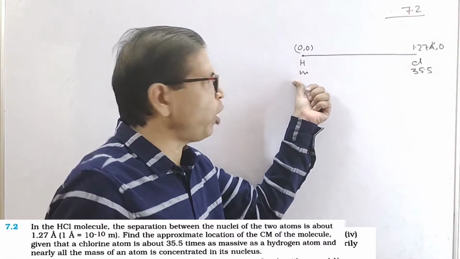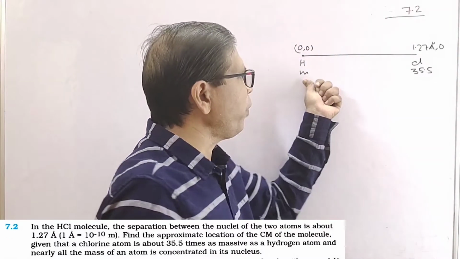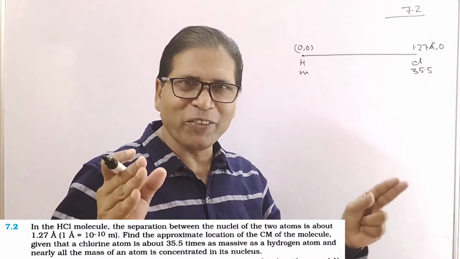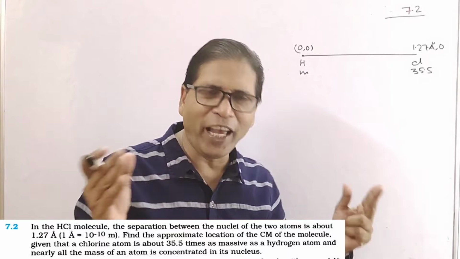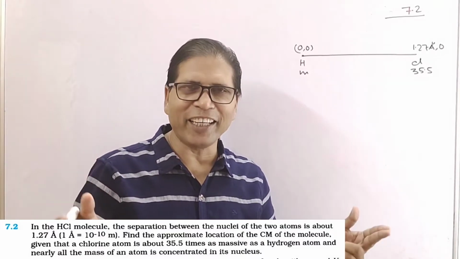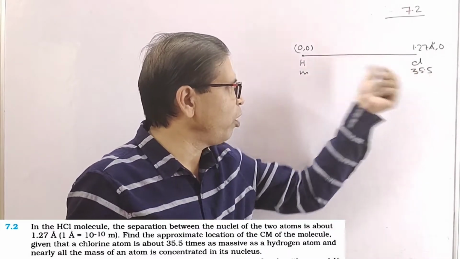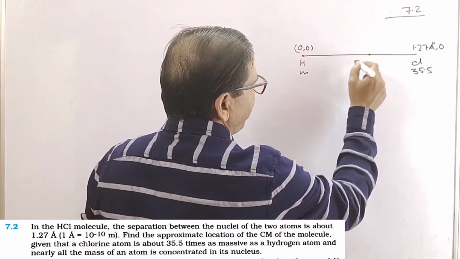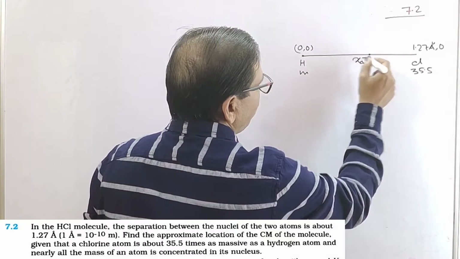Now in an HCl molecule, the hydrogen atom and chlorine atom are separated by a distance of 1.27 angstrom. Now we have to calculate the center of mass of the HCl molecule from the hydrogen atom. Now suppose this distance is xcm.